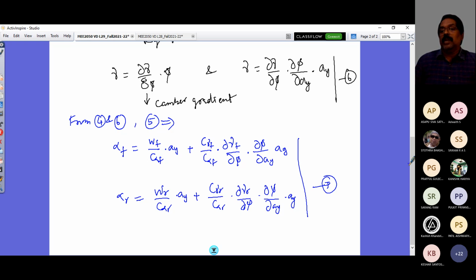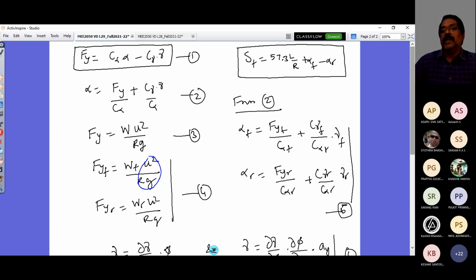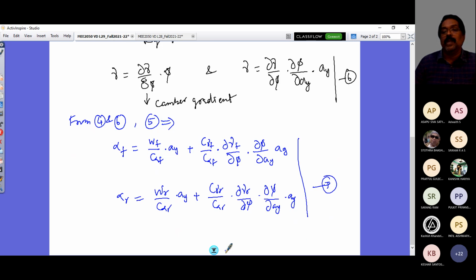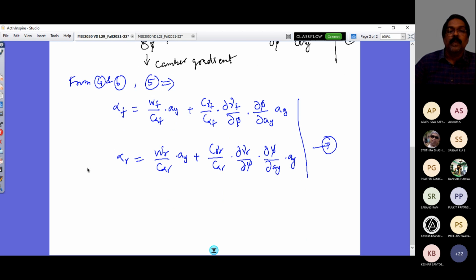So now our good fundamental governing equation, Roman numeral 1, is there. I'm just going to substitute gamma f, alpha f and alpha r in that. So put 7 in 1.